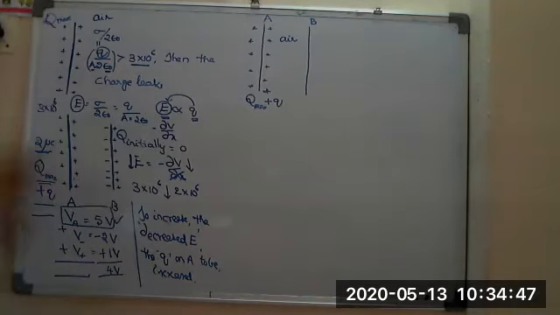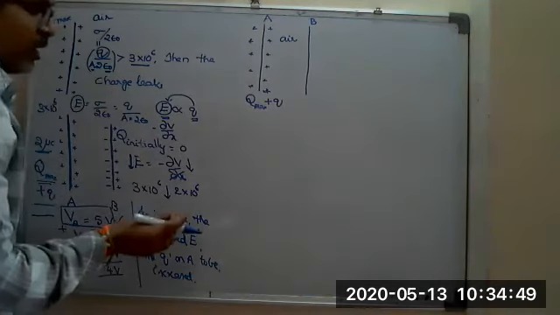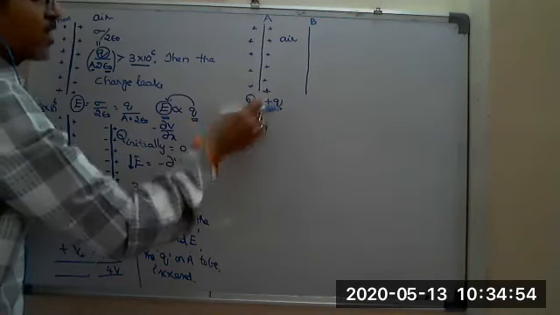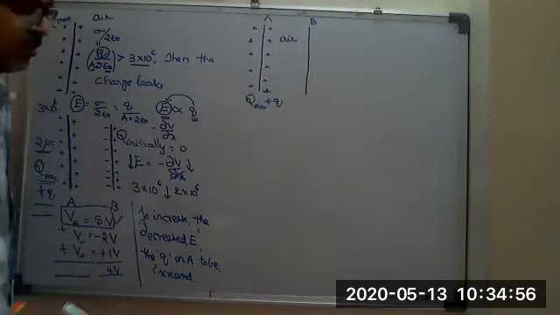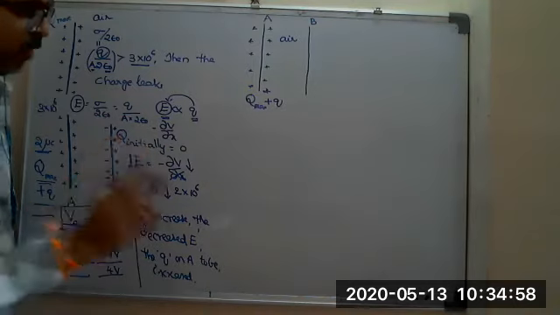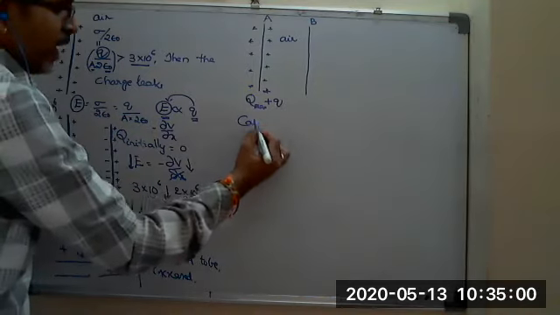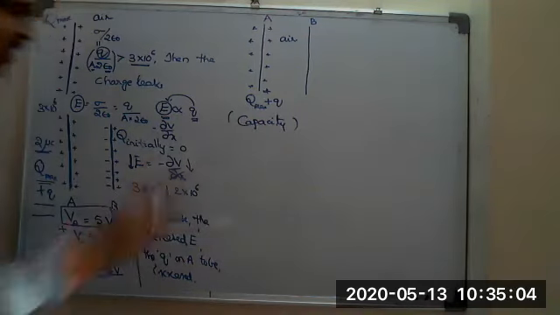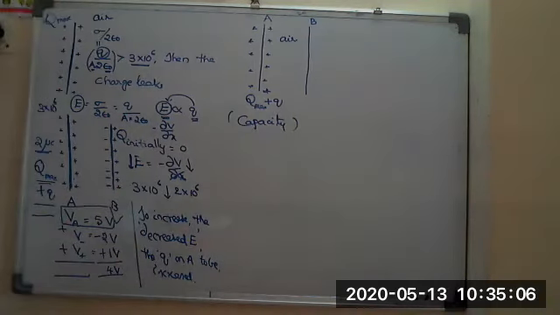This is the way of increasing the capacity of the plate A. I think now you understood what is meant by capacity. Capacity is a physical quantity up to which it can take the charge. That is called capacity, right?